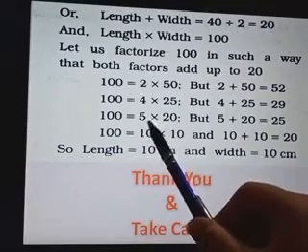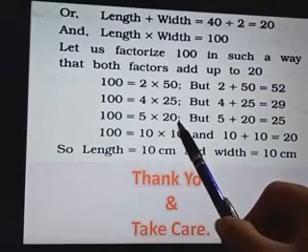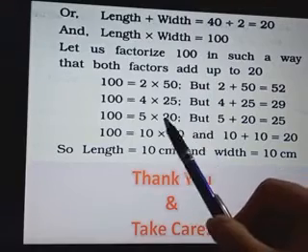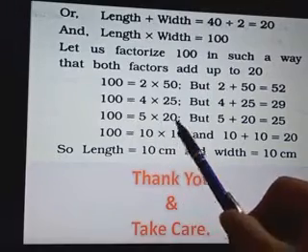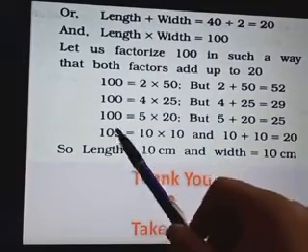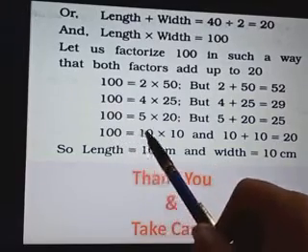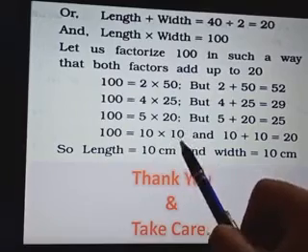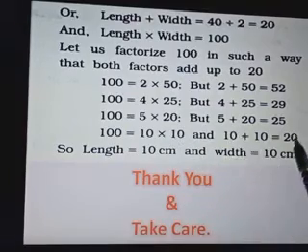Another factor of 100 is 5 multiplied by 20, it should be 100, but when we do the addition of 5 and 20 it will be 25. So this factor is also not possible. Now another factor of 100, 10 tens are 100 and 10 plus 10 will be 20.